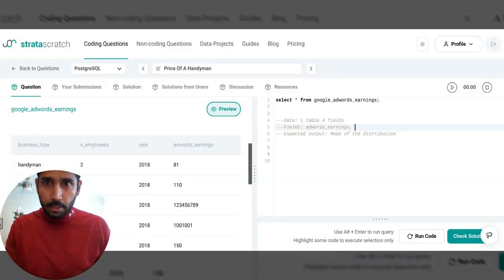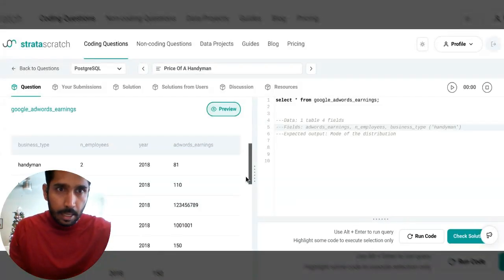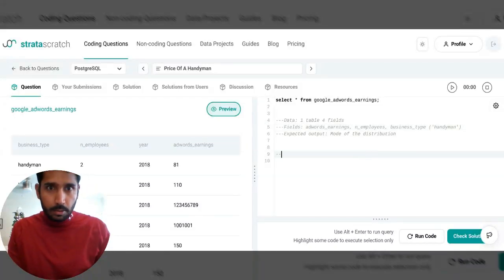That's the initial metric. And the denominator will be the employees. We do need the business type because we need to filter for the handyman type of business. And that's pretty much it. So let's put down some initial assumptions.